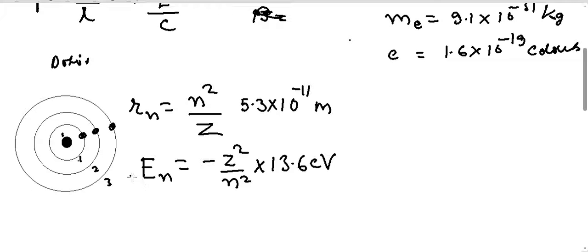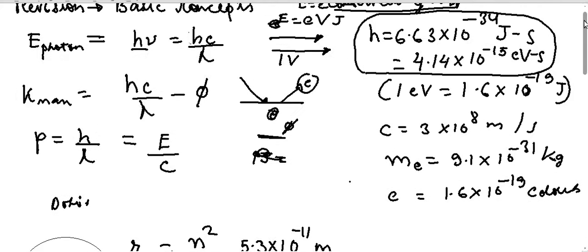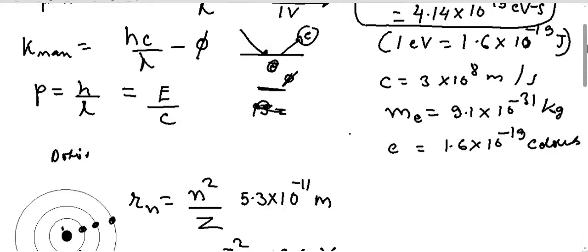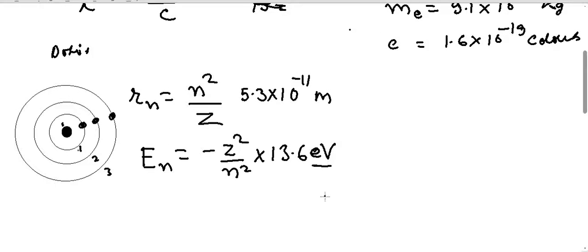And the energy in this orbital is given by minus z square by n square into 13.6 electron volt. So here again we get the term electron volt. That's why it is important to know the definition of eV also, because a lot of formulas, for the sake of simplicity, are written in terms of electron volts.